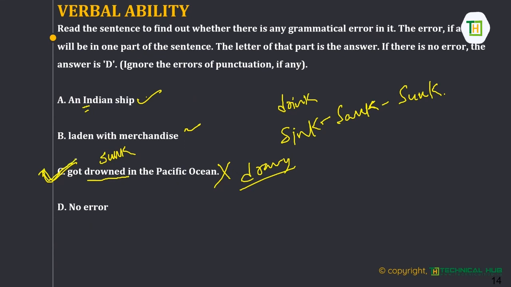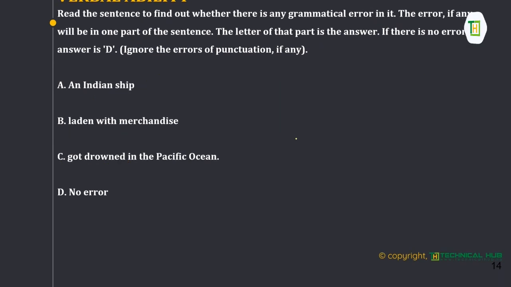There is an error in it. That's why we are taking it as the right answer for this question, or the error-containing part of the sentence. Okay, right.